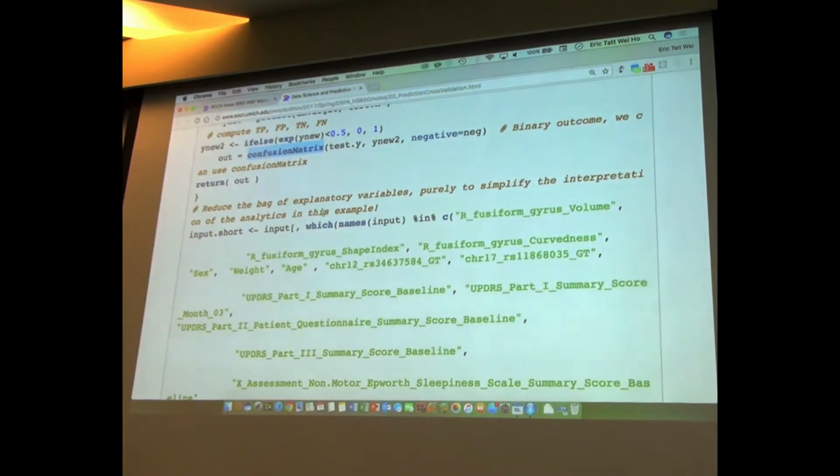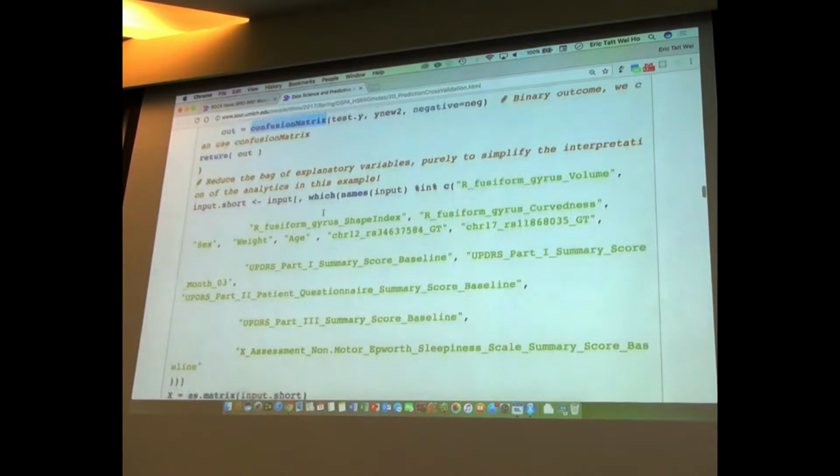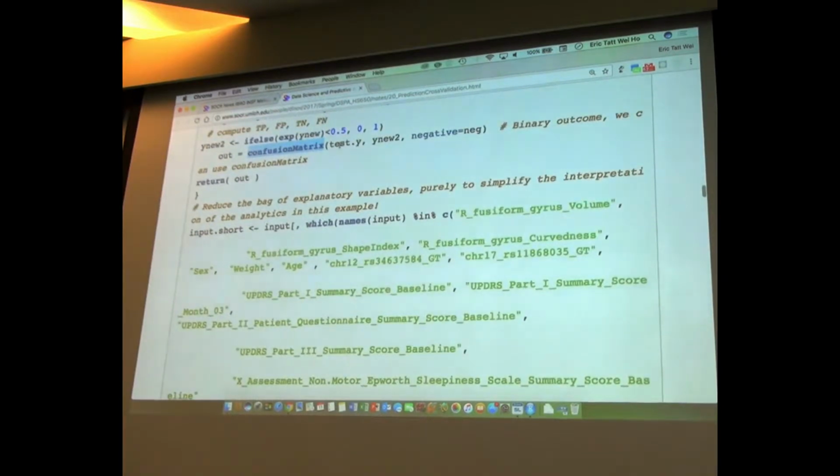We will see many examples of confusion matrices, but basically they take two vectors: one is the test Y, the test outcomes, and then the predicted Y outcomes. In this case, because I have a binary classification into patients and controls, you need to specify which one is the negative case.